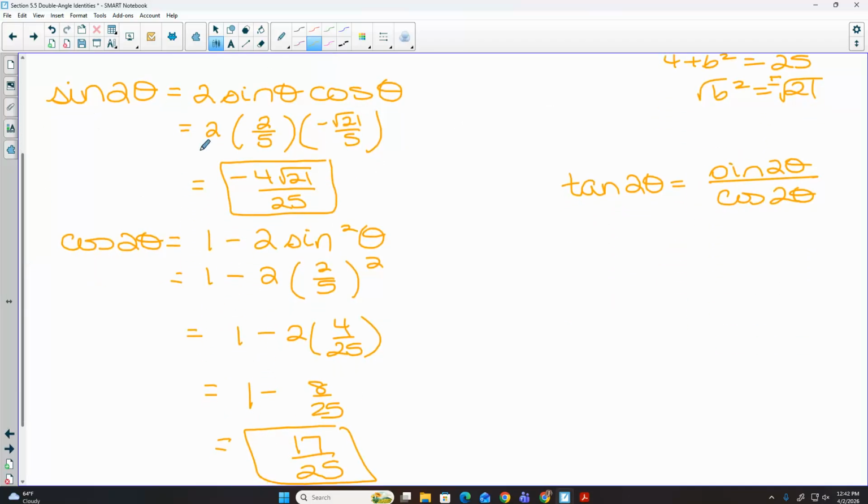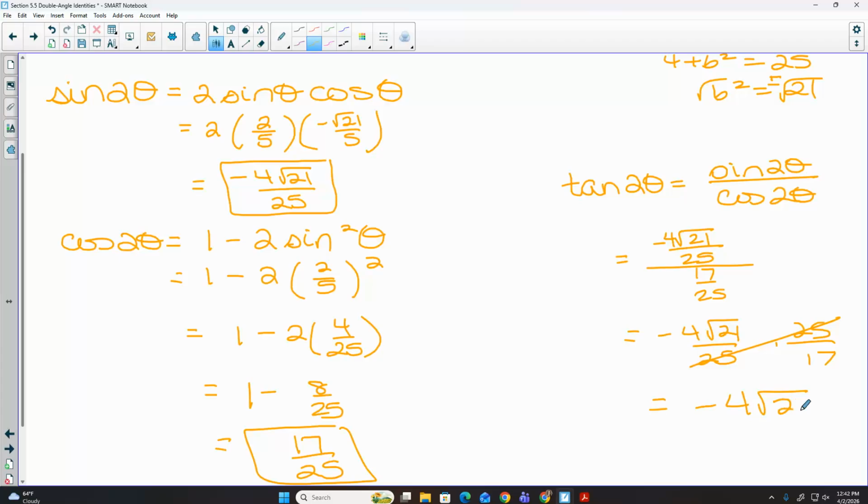All right, so my sine 2 theta I found first, negative 4 radical 21 over 25. Cosine was 17 over 25. How do we divide fractions? The 25's drop and we get negative 4 radical 21 over 17.